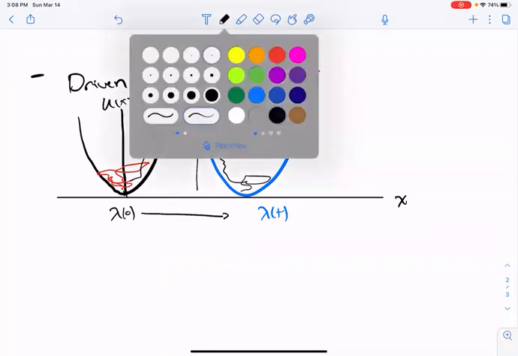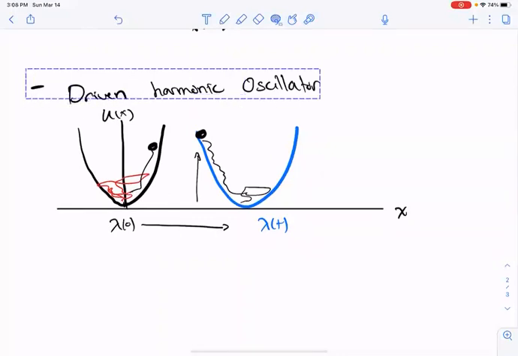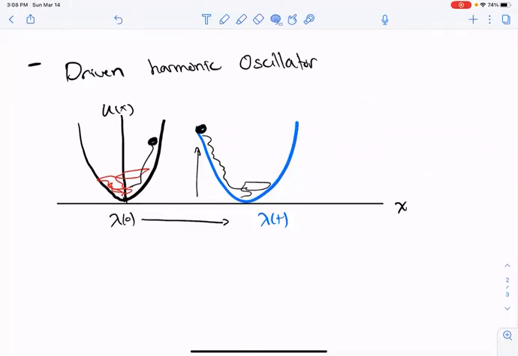Okay, so that's the game. We're going to have a harmonic oscillator. We're going to imagine manipulating that harmonic oscillator through a protocol which changes the location of the minima of the potential.